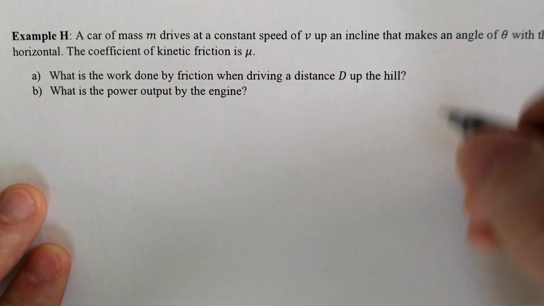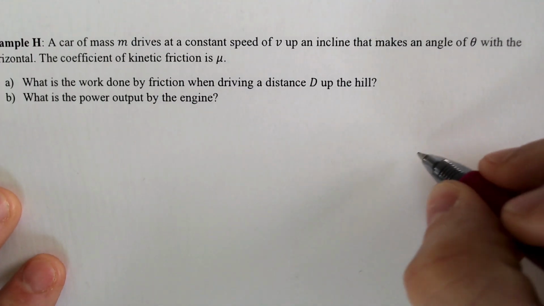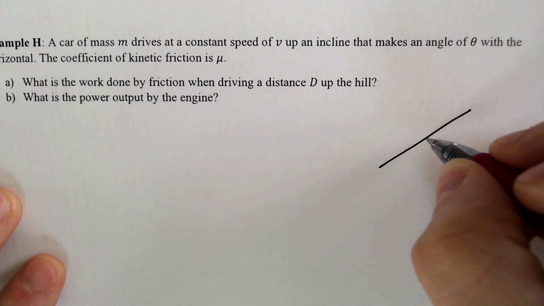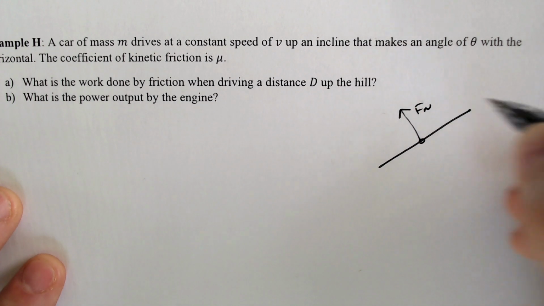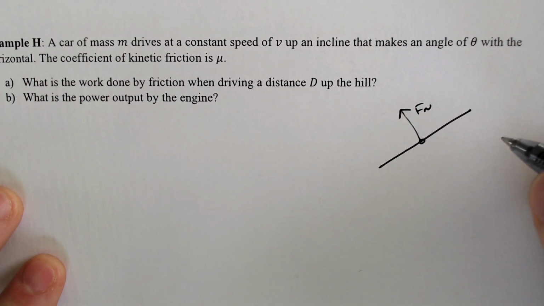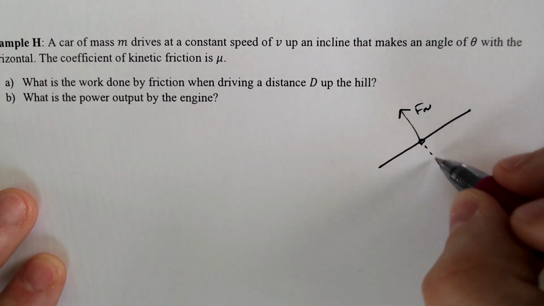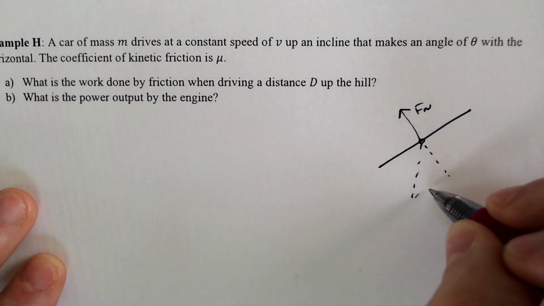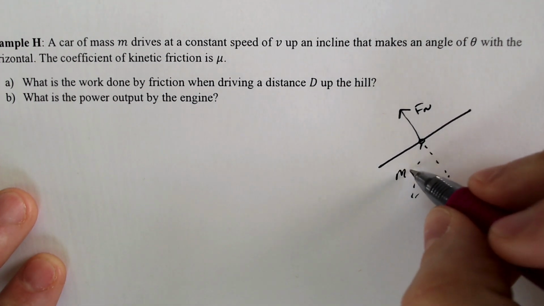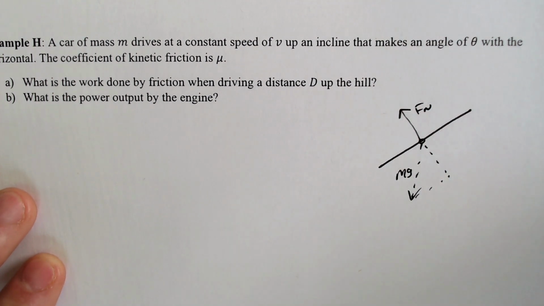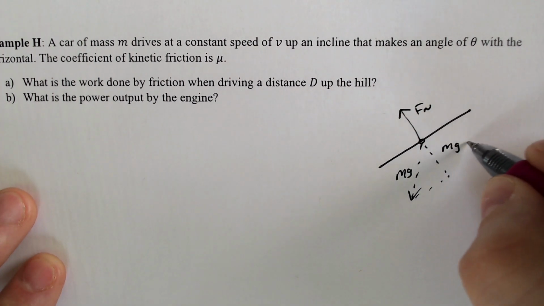Okay, so we need to first probably draw a free body diagram here. We got the normal force, Fn, right here. We got an incline. Here we would have mg going straight down. This would be mg cosine theta.